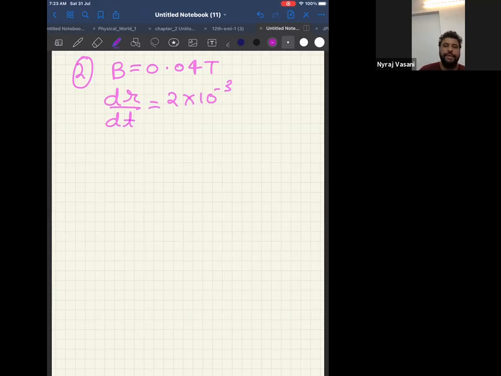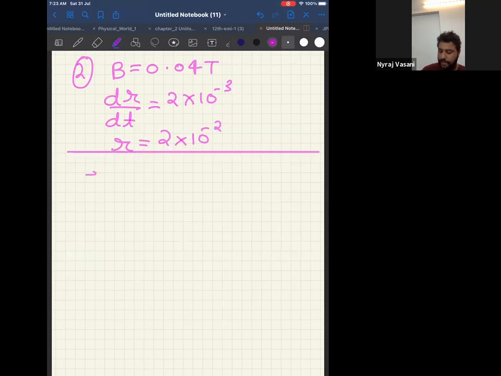Radius shrinking means radius upon time, because the unit is millimeter per second, that means it is r by t. Therefore, dr by dt is 2 into 10 power minus 3. And the induced EMF when the radius is 2 centimeter, that is 2 into 10 power minus 2 meter.